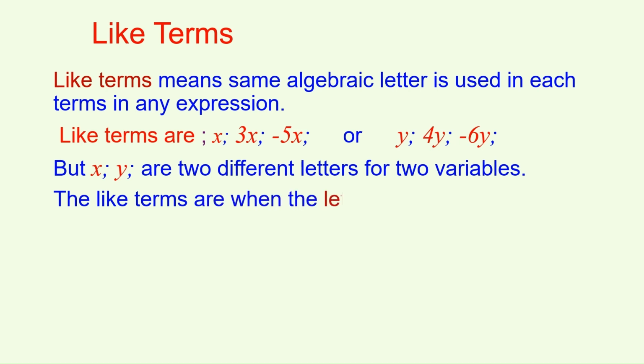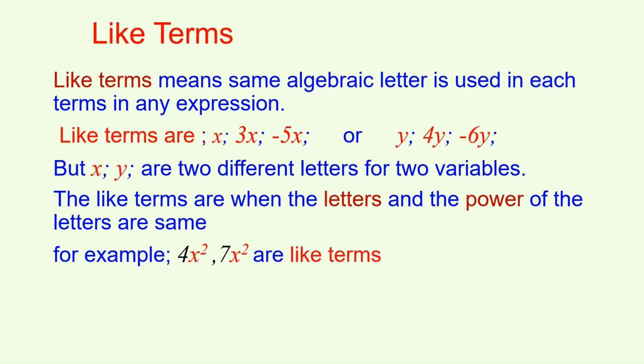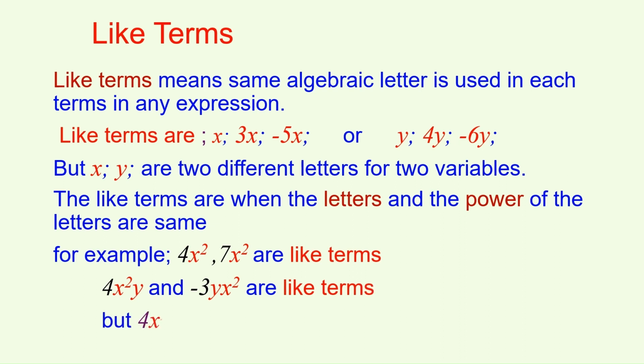But x and y are two different letters for two variables. Like terms are those where the letters and the powers of the letters are the same. For example, x squared and 7x squared are like terms. For x squared y and minus 3y x squared are like terms. But x squared y and y squared x are not like terms.